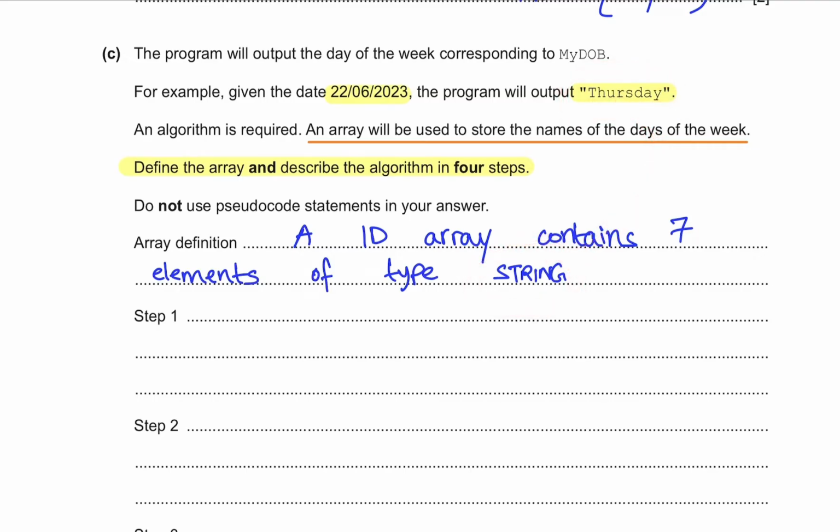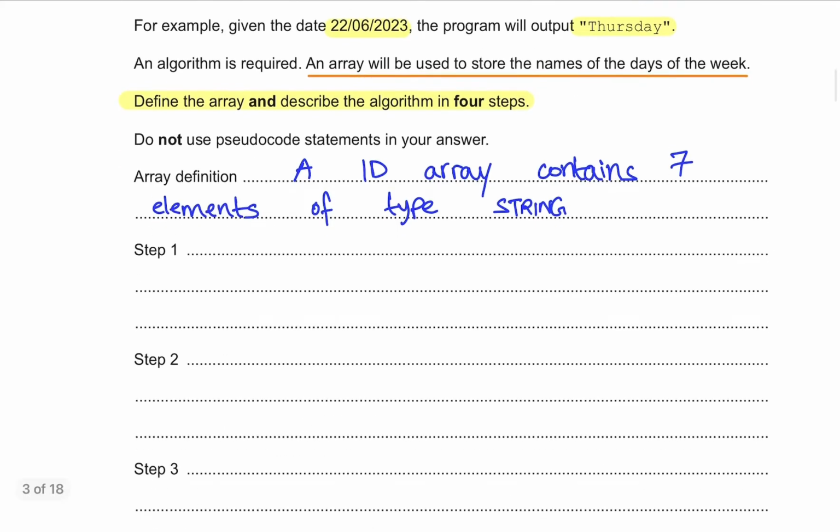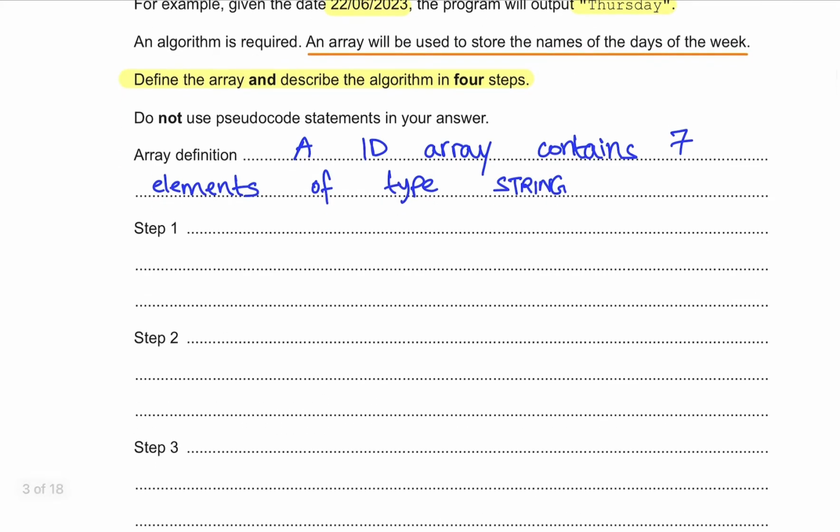The first step is pretty easy. In the first step, you have to assign the value Sunday to the first element. How is that possible? Assign the value Sunday to the element.